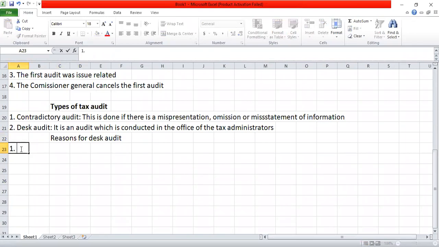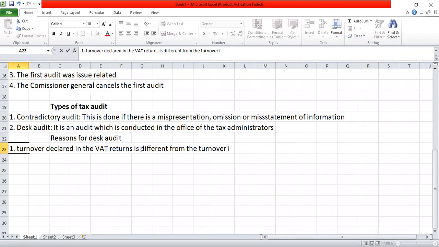The first reason is that the turnover declared in the VAT returns is different from the turnover declared in income tax.